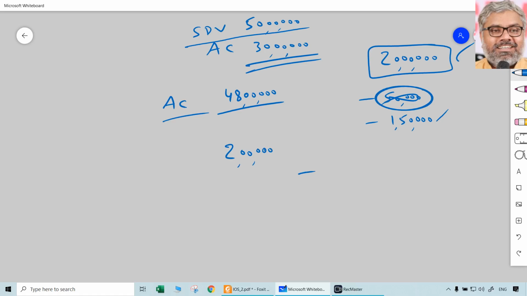We cannot jump to conclusions. We have to check first 50,000, and the second thing, 5% of actual consideration. What is 5% of actual consideration in this case? 48 lakhs into 5% means 2,40,000. Whichever is higher means 2,40,000. Is this inadequacy higher than 2,40,000?